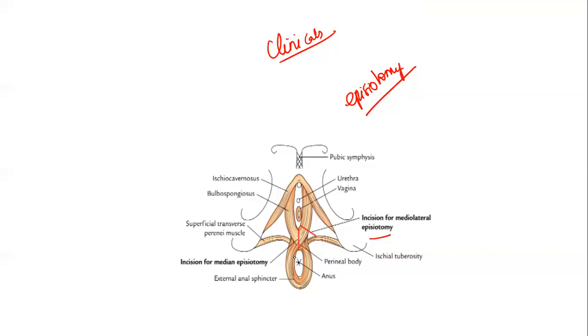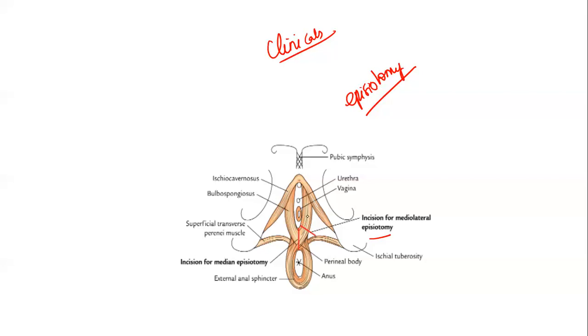When I do a median episiotomy, there is an increased risk for me to tear the external anal sphincter. Right? If I do a mediolateral episiotomy, I'm just going to tear the bulbospongiosus muscle. So I approach laterally, so there is a tear in the bulbospongiosus muscle.